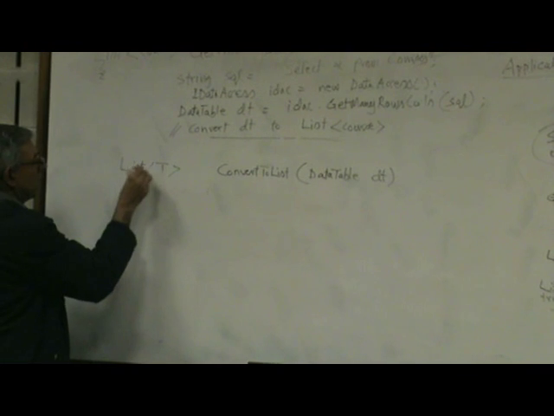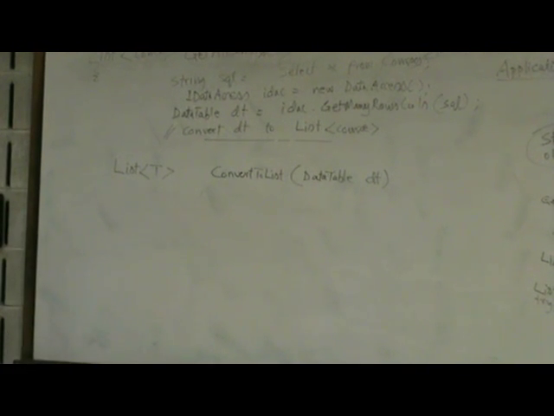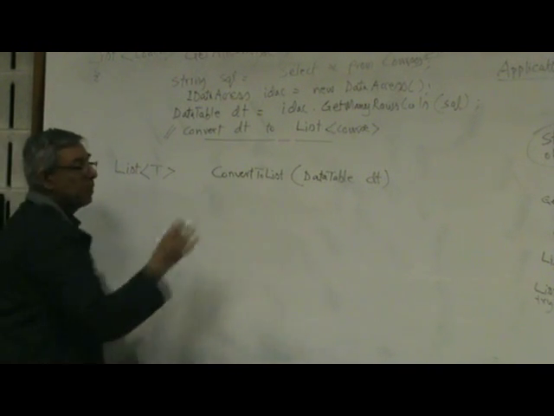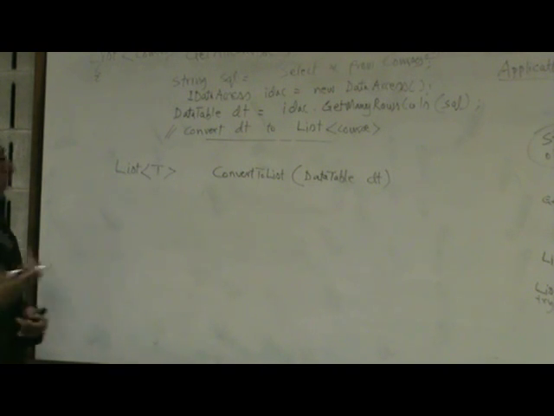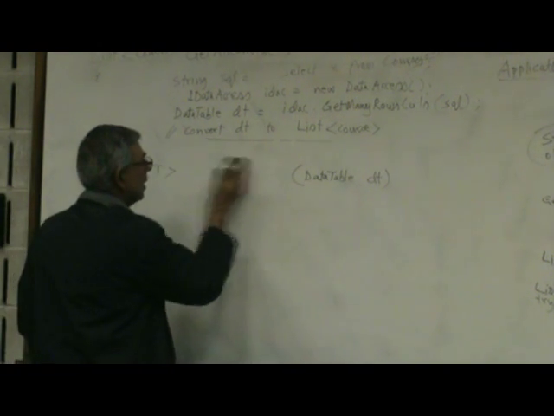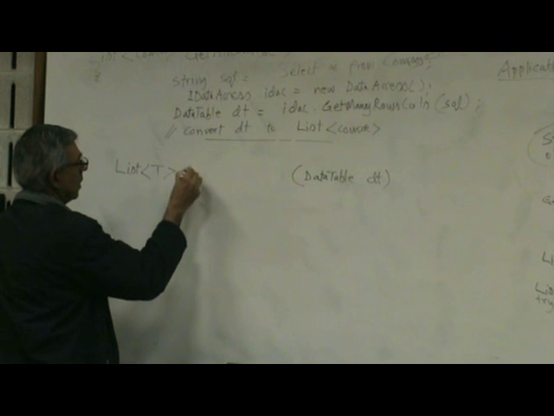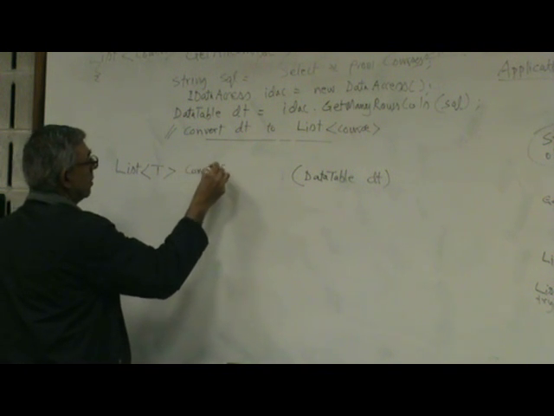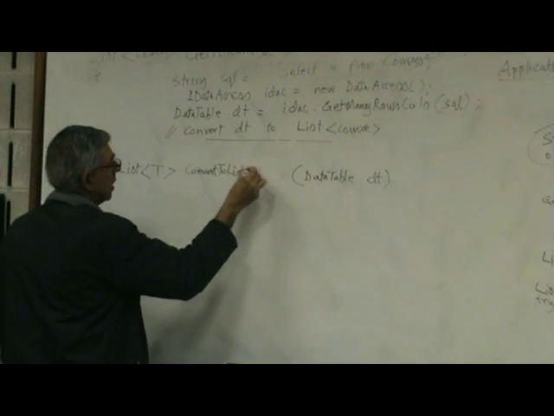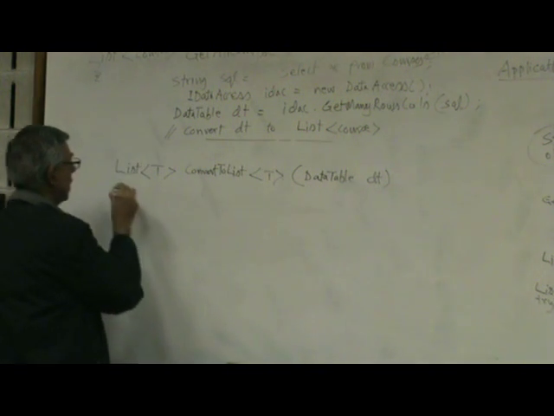List of T. Everybody agrees? And because it will be a generic method, after the name of the method, we have to put less than greater than T, right? So let me make it ConvertToList<T>, and this will return list of T.